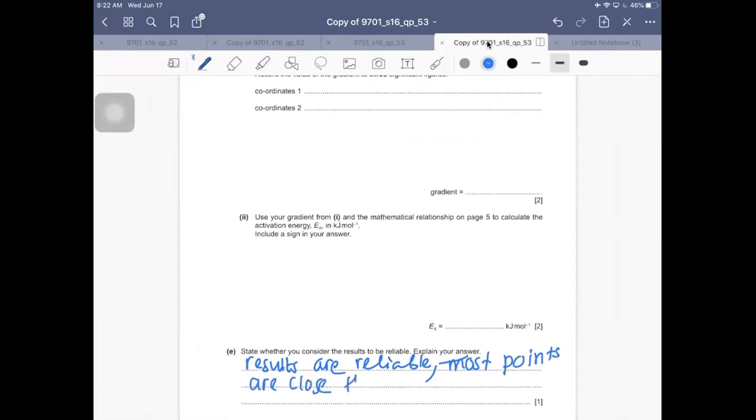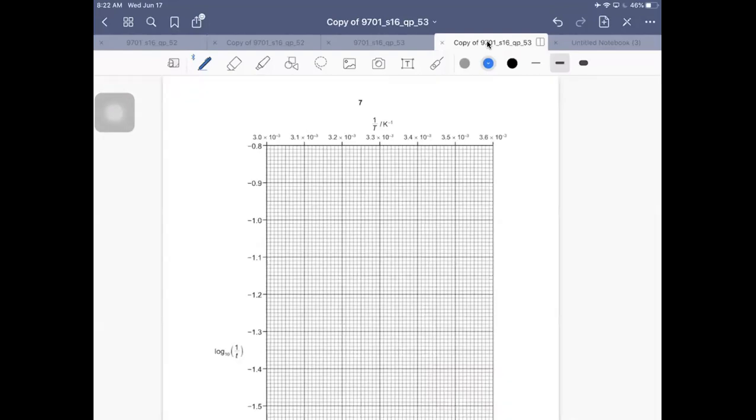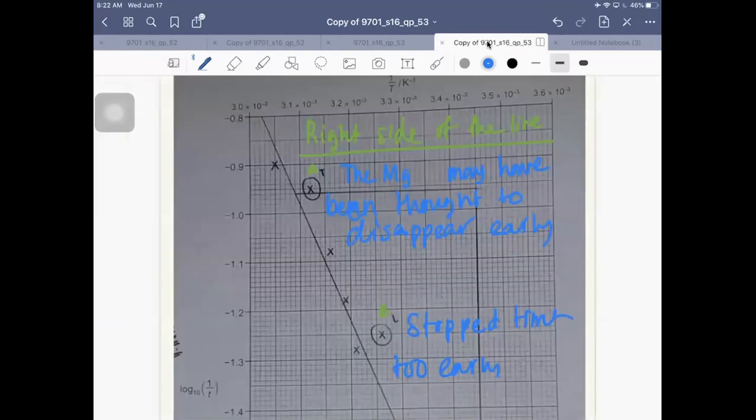But if you think that they are not close to the line, maybe in physics they teach you differently, you may say those 2 points are actually far away from the line. You also can say that the results are not reliable, but your reasoning will be the opposite: not reliable because the points are far from the line, or most points are not on the line.